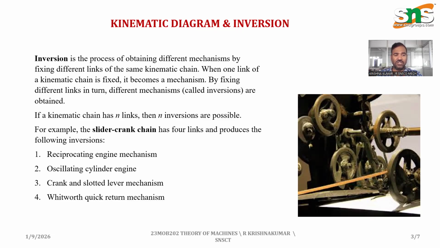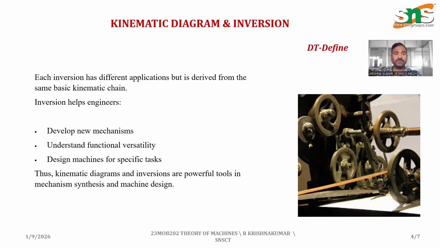Finally, one link is chosen as the fixed link or frame and the entire mechanism is drawn in a simplified form showing the relative position of the links. This process not only aids analysis but also helps in detecting redundant links, unnecessary constraints, or design errors.